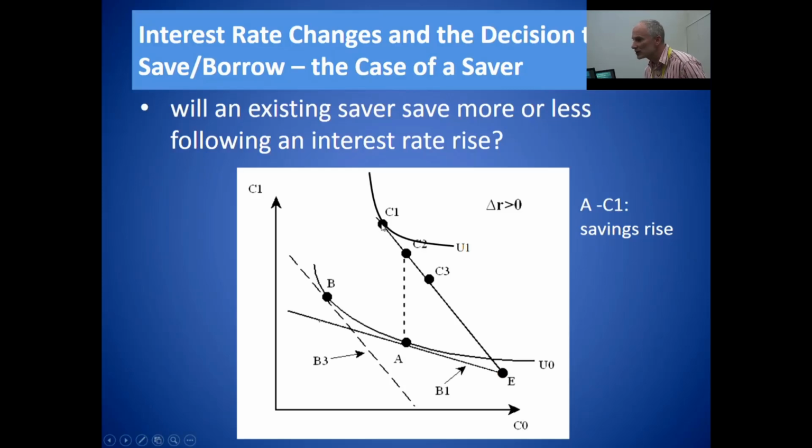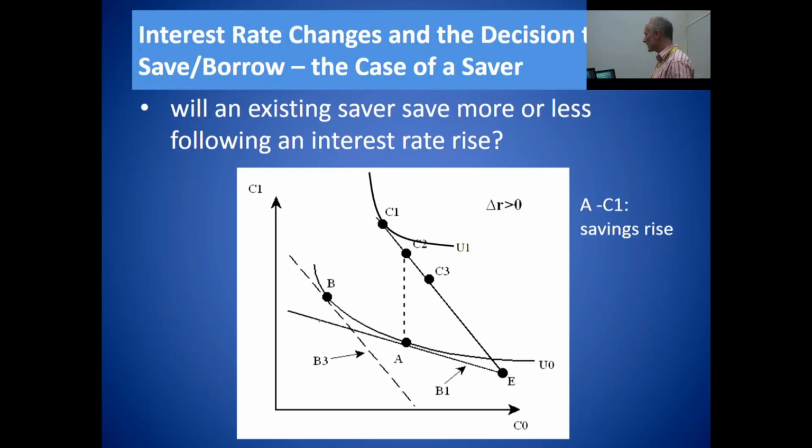And this now means that savings are increasing. Look, between E and A is savings. However, when we go to point C1, we're moving further away from the origin. As we move further away from the origin, savings increase.